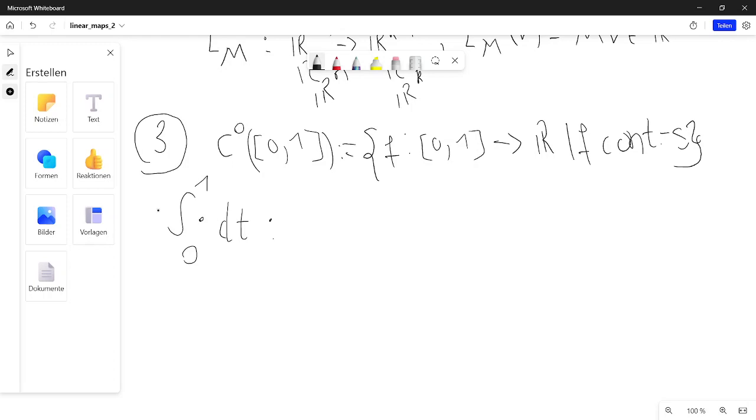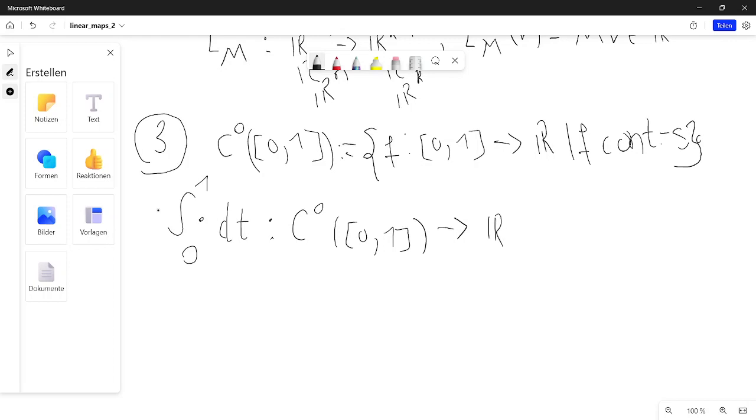So pause for a moment in your mind and just think about what it means that we could plug in here any function from this set and integrate it. That we plug in a function from this set means that we go from here, and the integral gives us a real number. So if we compute this definite integral, then we get a real number.